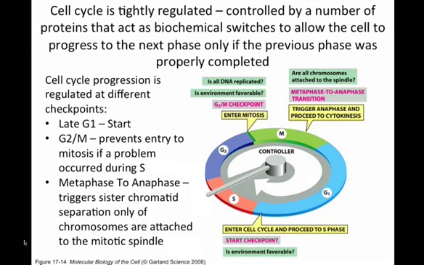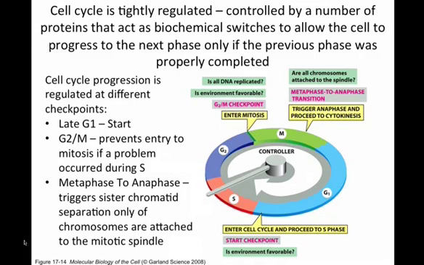There you're asking, is the DNA replicated? And again, is the environment favorable? If the DNA was not replicated, sometimes there could be DNA damage that might cause stalled replication, for example, or sometimes something else could have gone wrong that prevented appropriate DNA replication, and you want to stop the cell cycle from progressing in that situation.